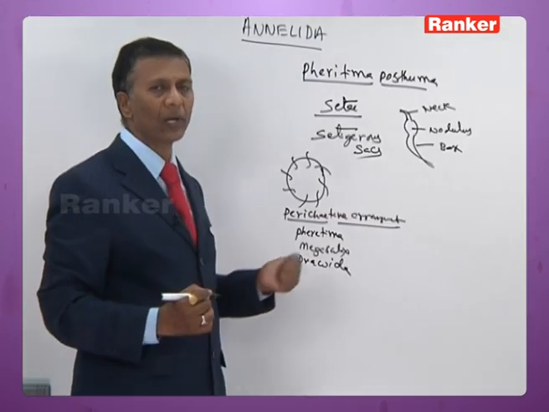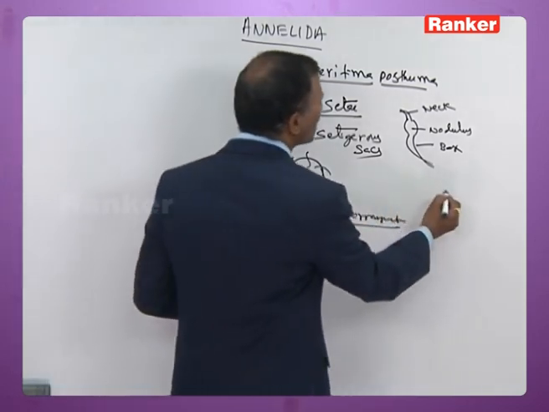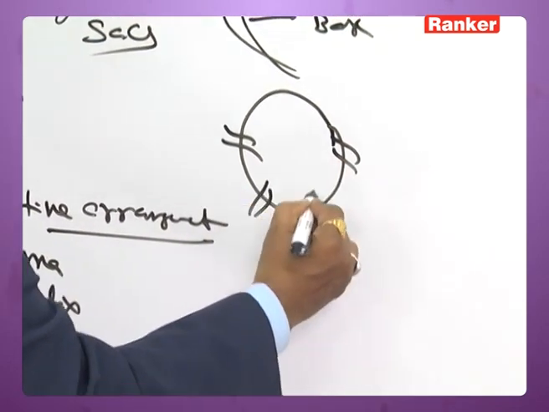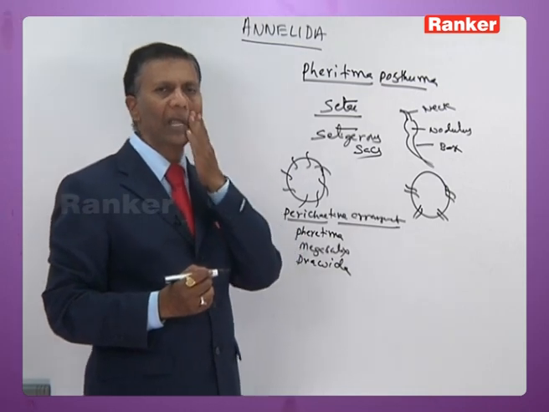In some earthworms, setae are in the form of 4 pairs, 2 pairs laterally placed and 2 pairs ventrally placed.